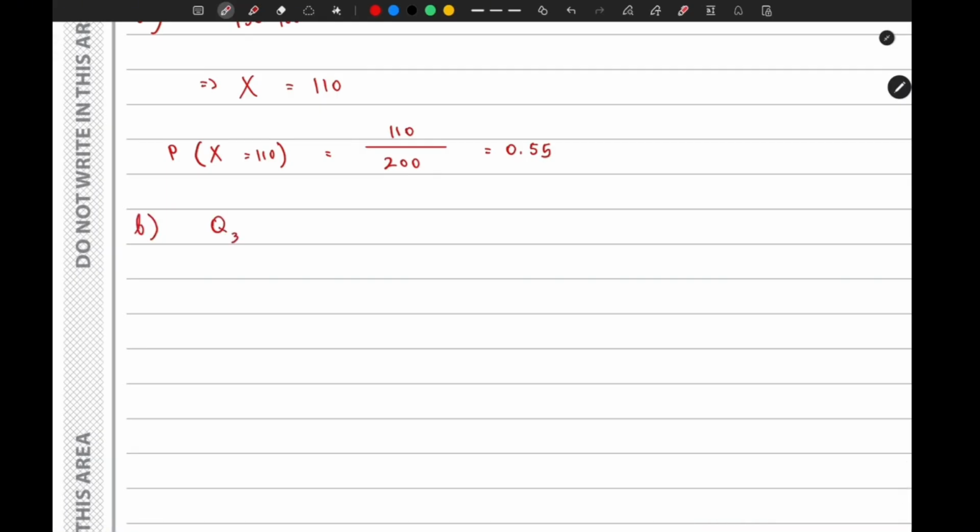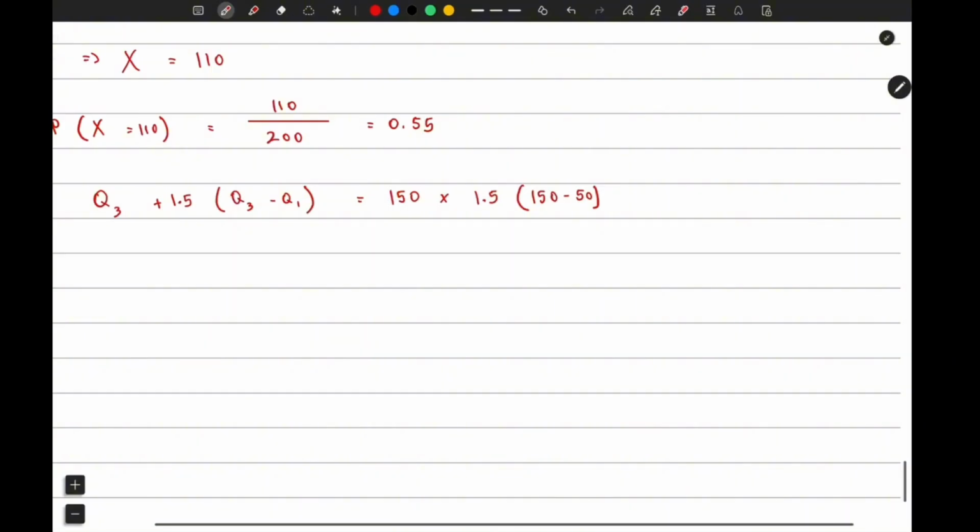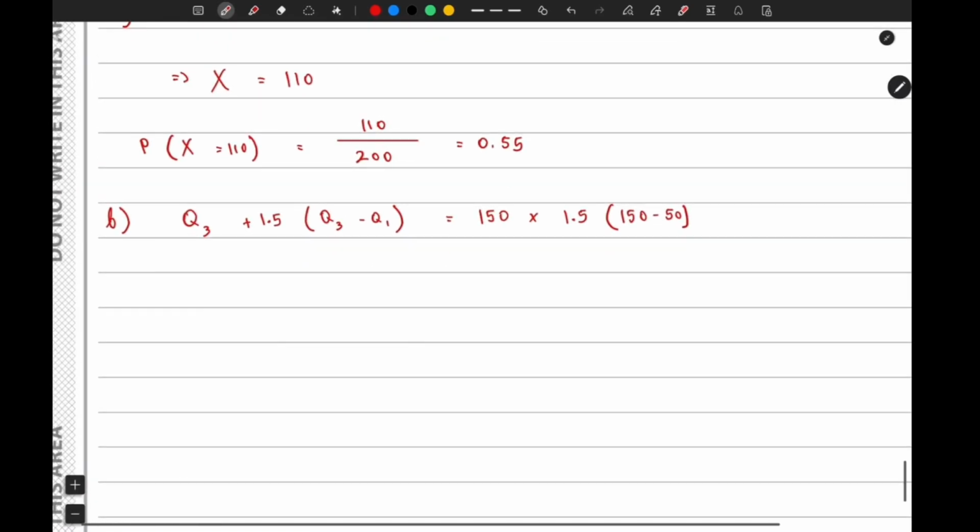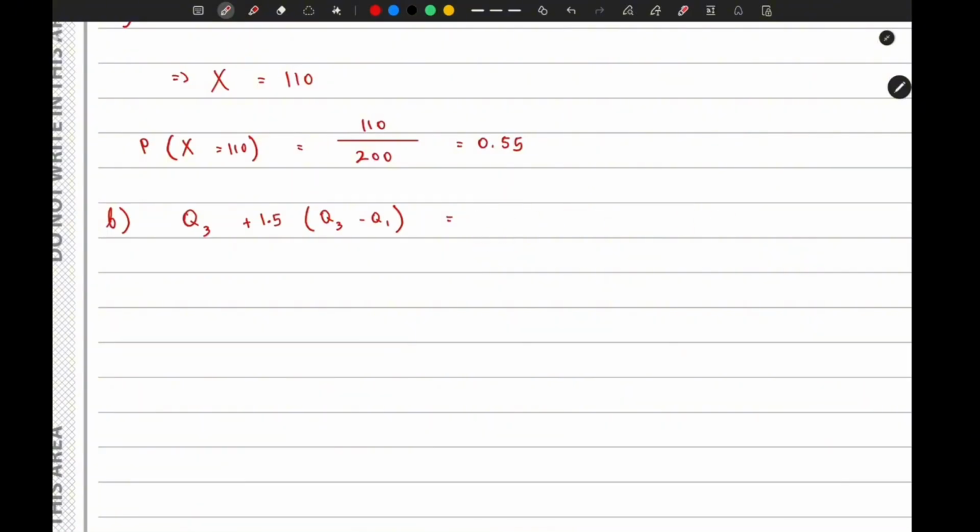So Q3 plus 1.5 times Q3 minus Q1. The value of Q3 is 150 and 1.5 is a constant, so it's 150 minus 50. But we're talking about the minimum weight, and we're using the number of cabbages here, so we cannot use these values.